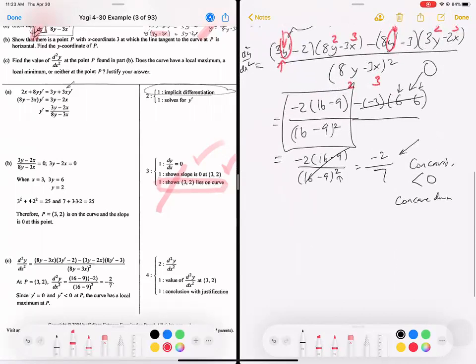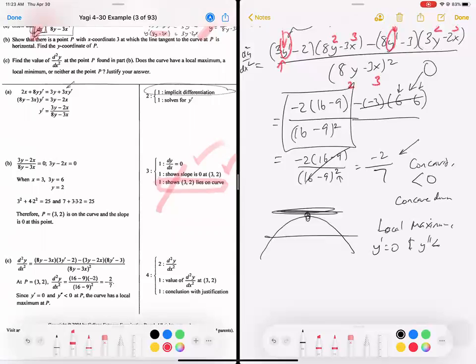And if you remember the rule, if we have a critical point and it is concave down, this point is a local maximum. So it fits those two criteria. The critical point is where y prime is equal to 0, and the y double prime is negative, less than 0, so that's a local maximum.